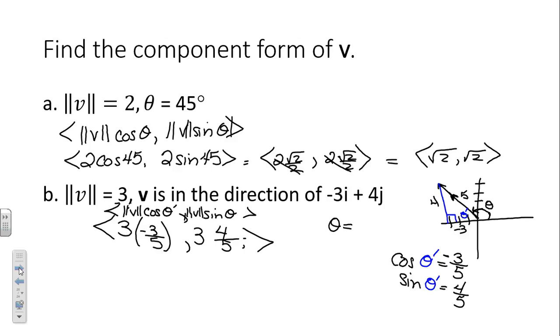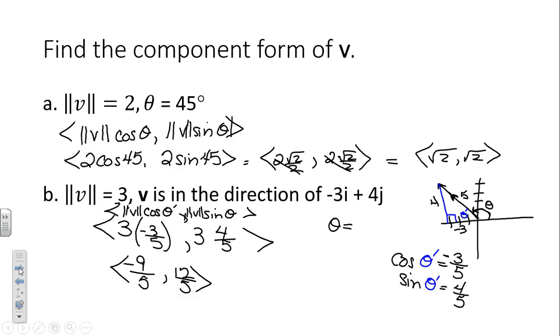Okay. So what is negative 3 times 3/5, or 3 times negative 3/5? And what is 3 times 4/5? So that should be the component form of a vector in the same direction that has a magnitude of only 3. Should we verify that it has a magnitude of 3?